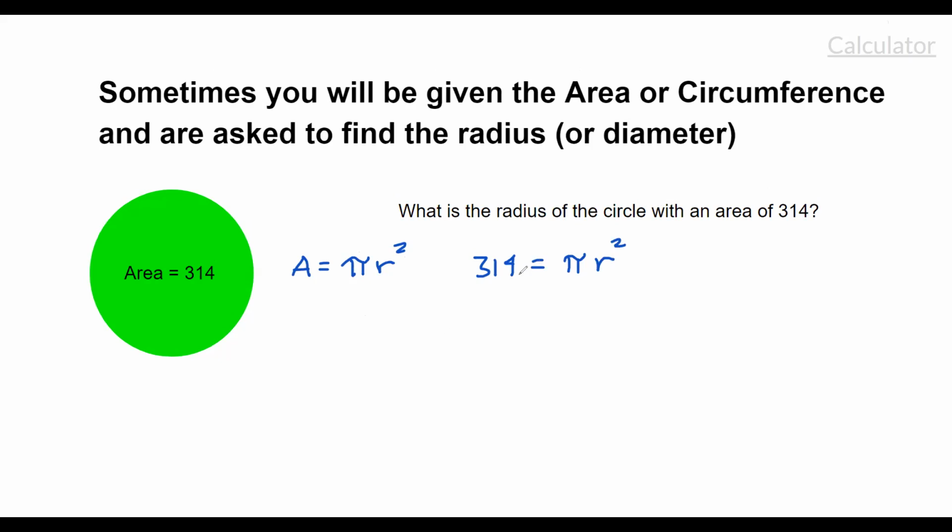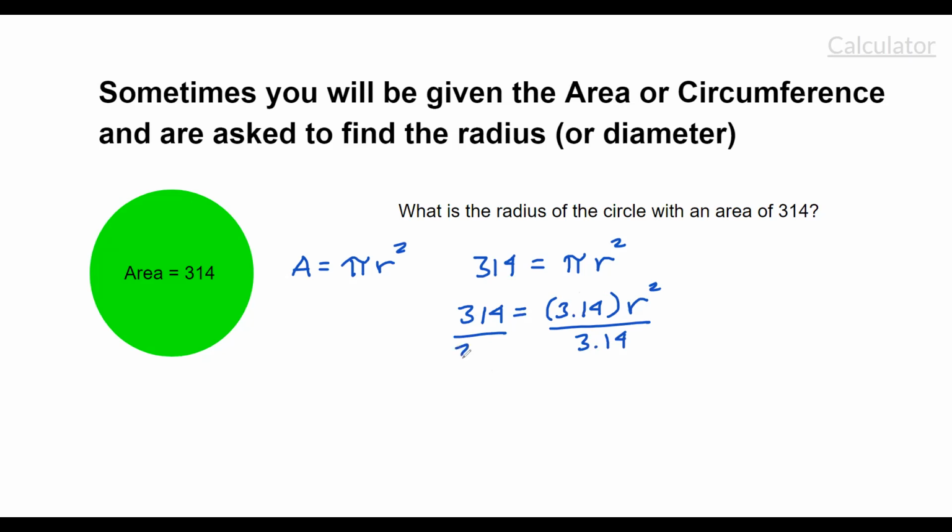Now for this problem, I'm going to use 3.14 for pi to show you how that's done. 314 is equal to 3.14 times r squared. Now using algebra, we can divide both sides by 3.14.